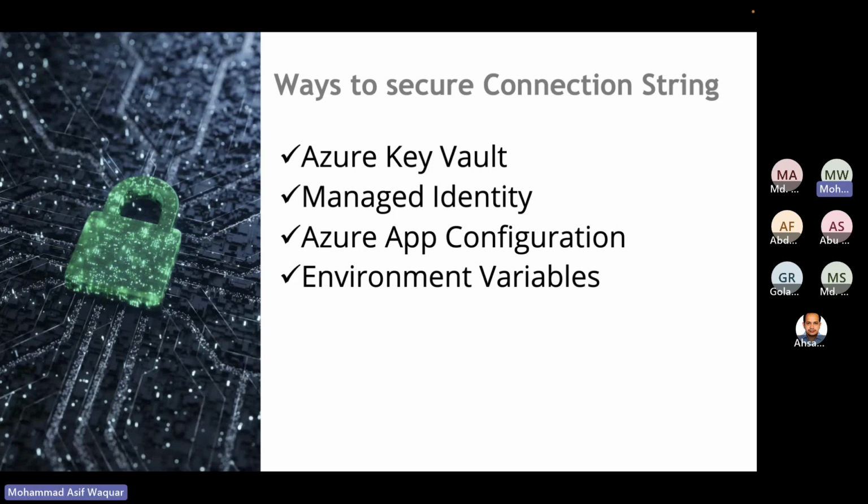But in that approach, both your applications will be residing in the Microsoft Azure network. It's not for the outside. And Azure App Configuration is really helpful when you want to secure your connection strings for different environments, like the development environment, the production environment, and the ET environment.